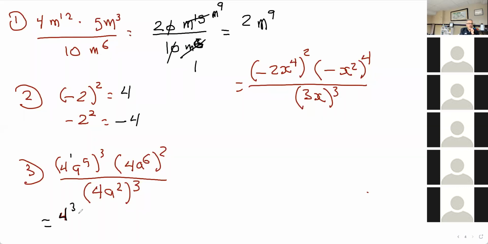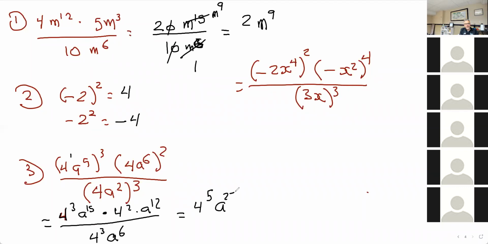So now 4 to the 3, a to the 15 times 4 to the 2, a to the 12, all over 4 cubed, a to the 6, which gives me 4 to the 5, because that's 4 to the 3 times 4 squared, and a to the 27, all over 4 cubed, a to the 6.